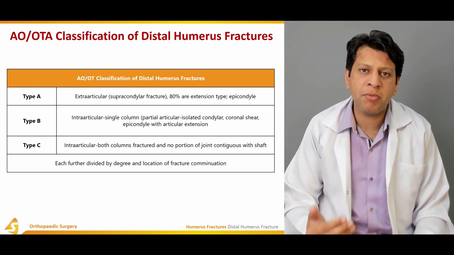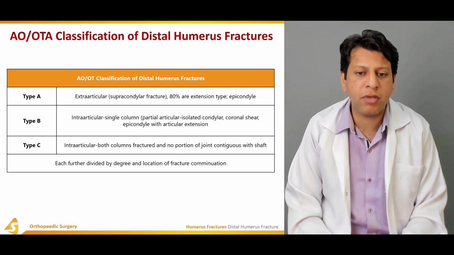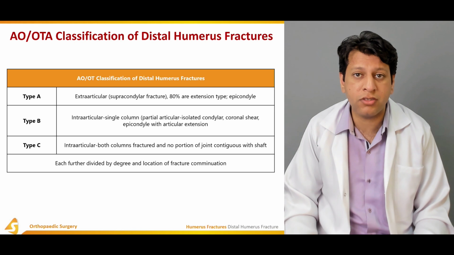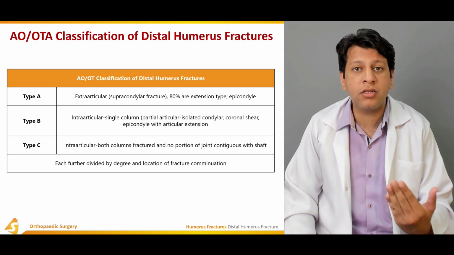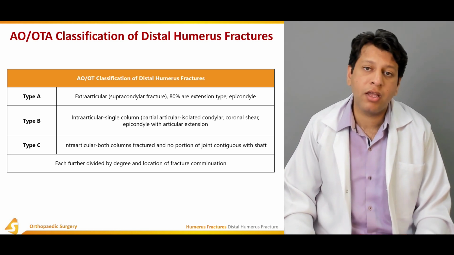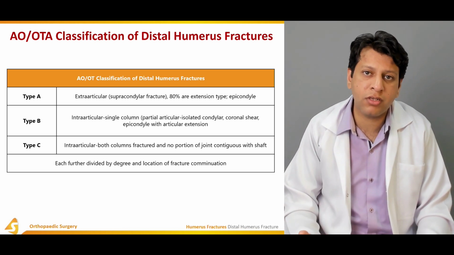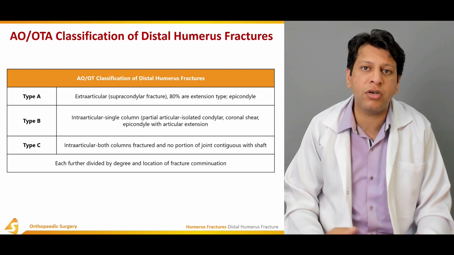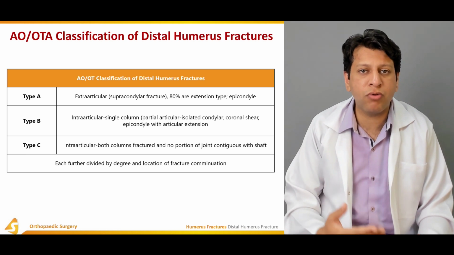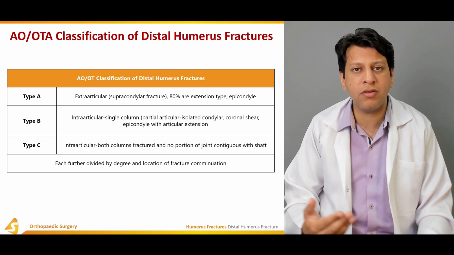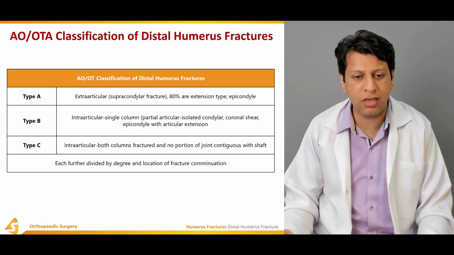Then you give it type A, B, and C. If it's a type A fracture, which is actually extra-articular, mainly involving the metaphyseal region, it would be 13A type. Then it is further subdivided into 1, 2, 3. That is, one single transverse fracture, slightly comminuted, or highly comminuted. Then it would become either 13A1, 13A2, or 13A3.